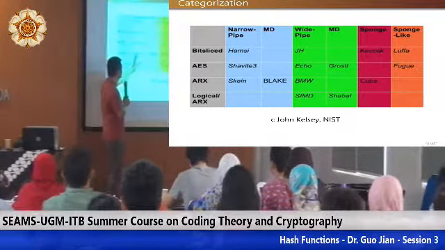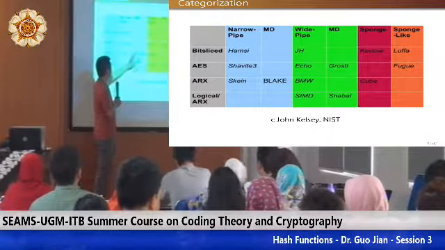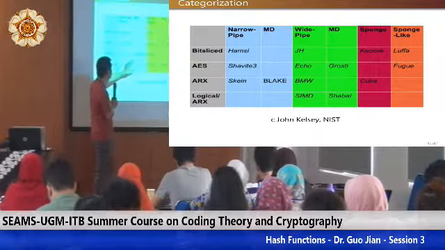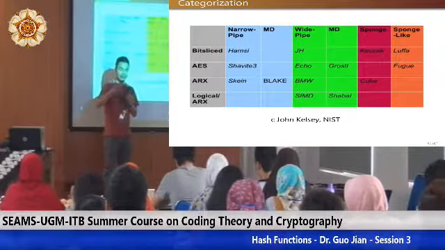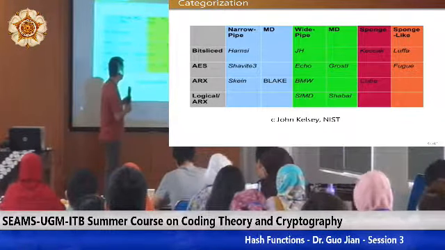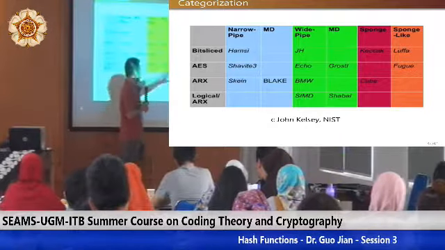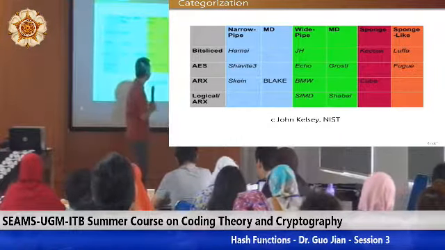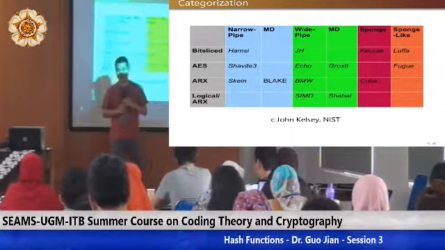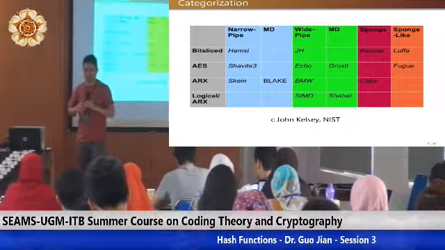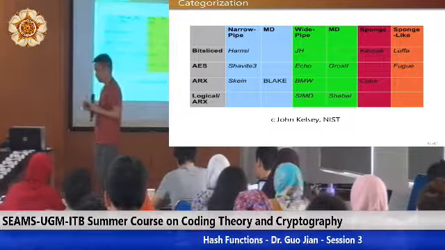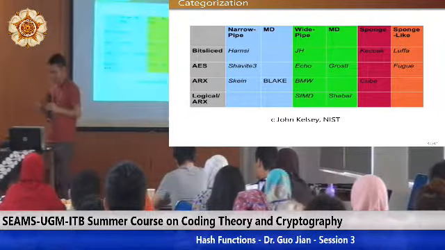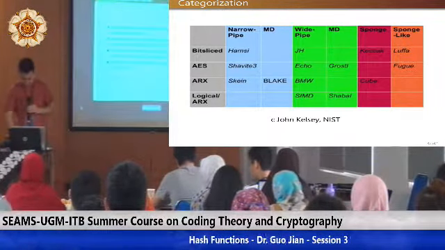Merkle-Damgård designs are also narrow-pipe designs. Wide-pipe means the internal state size is bigger than the hash digest, and you also get sponge or sponge-like designs. Sponge is actually also a wide-pipe design because the digest size is actually smaller than half of the internal state.